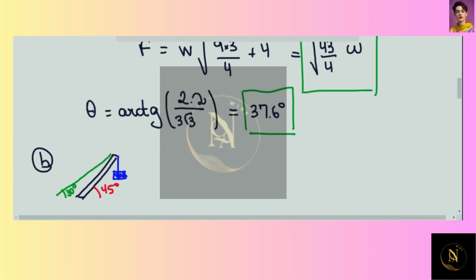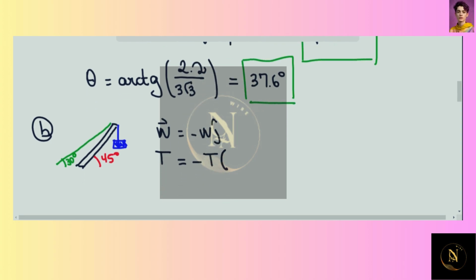Before doing anything else, I'm going to write again that W is minus Wj, T is equal to minus the tension, the magnitude of the tension, times the sine of 60 degrees, because notice that this angle here is 60.